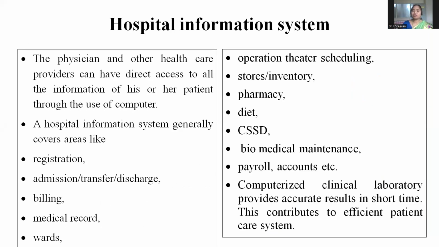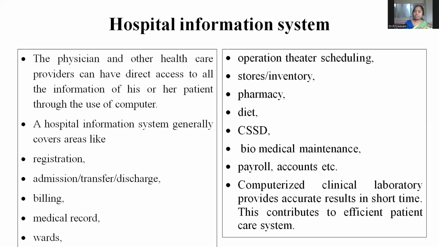Next, the hospital information system. I already told you that presently many government hospitals and private hospitals are using this hospital information system, right from the registration. Patient registration is done through this hospital information system. Now they have made Aadhaar-linked registration.